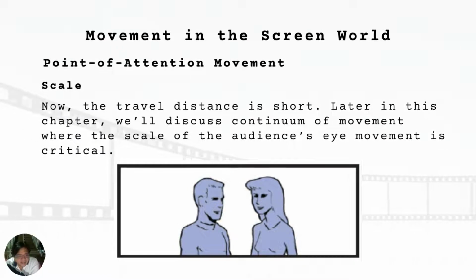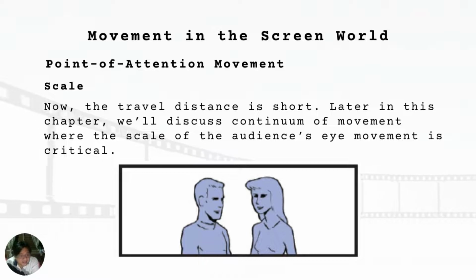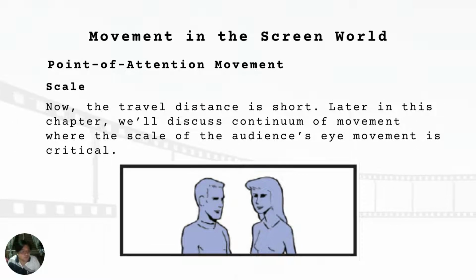Now, the travel distance is short. Later, in this chapter, we will discuss continuum of movement and their scale on the audience's eye movement. But basically, when you say scale, it's the same thing. Your eyes travel from one face to another, but this time on a much shorter distance. Okay?